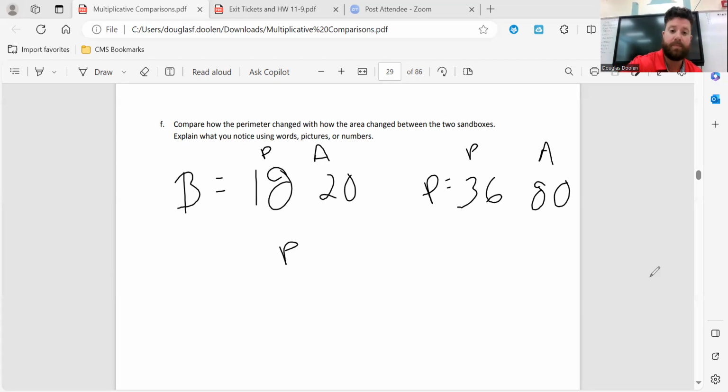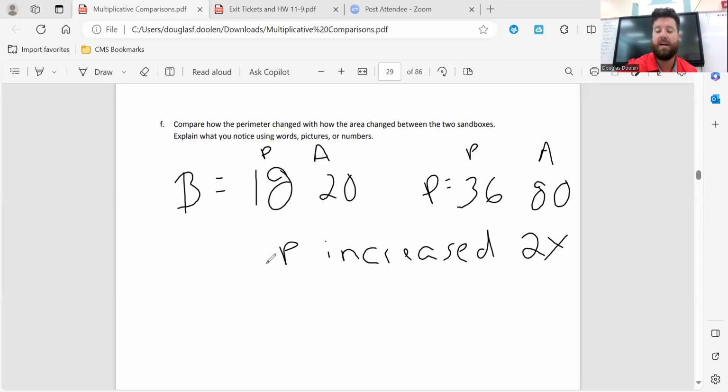So perimeter increased. Perimeter P increased 2 times, right? Let's just do that. And then what could we say by area? Area increased.